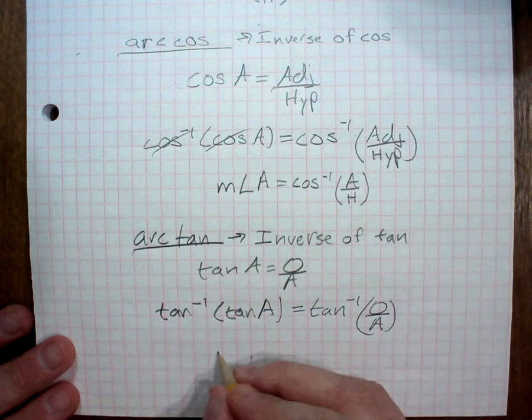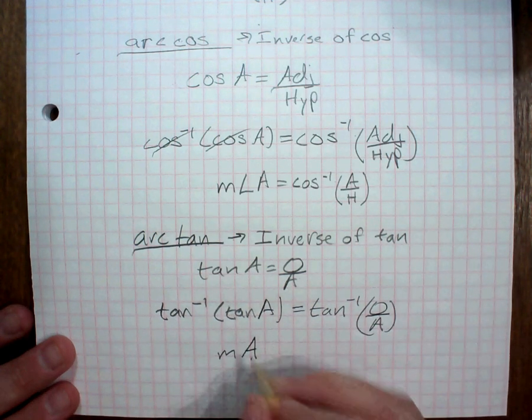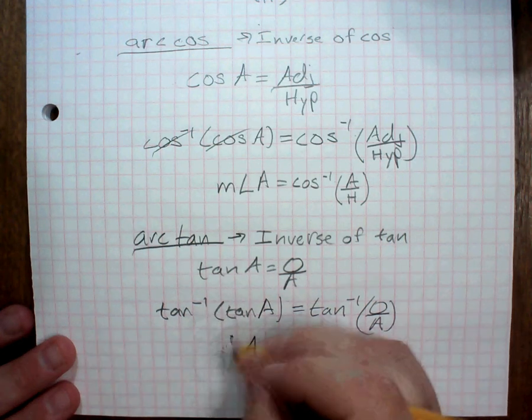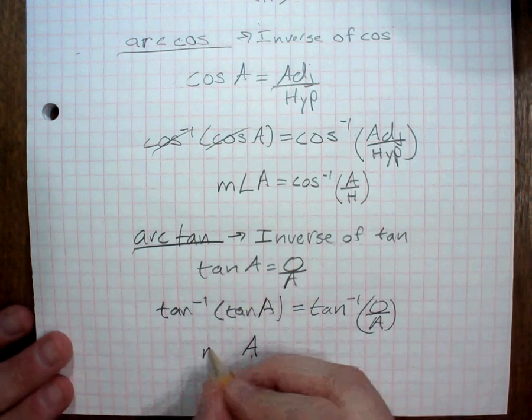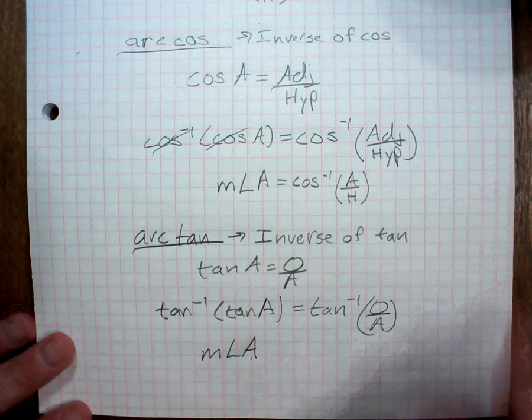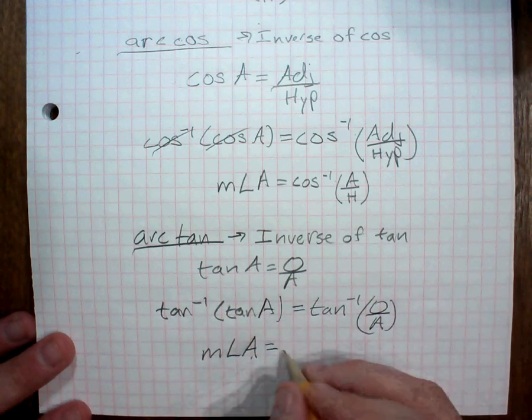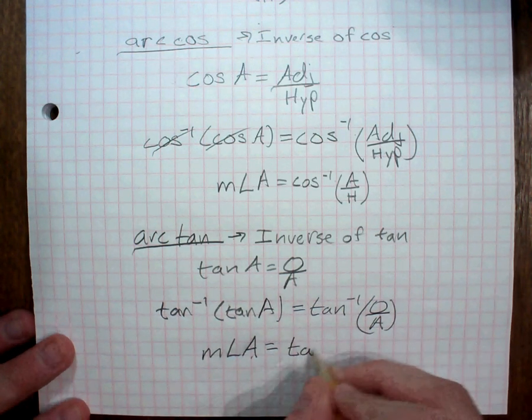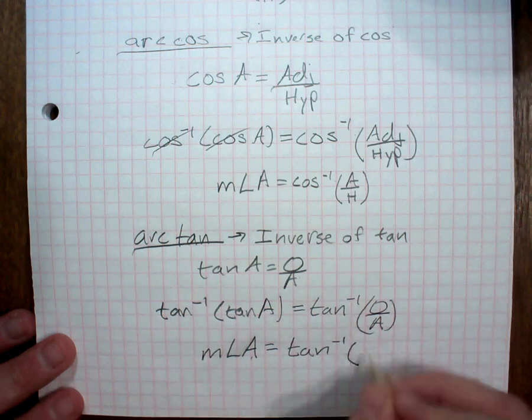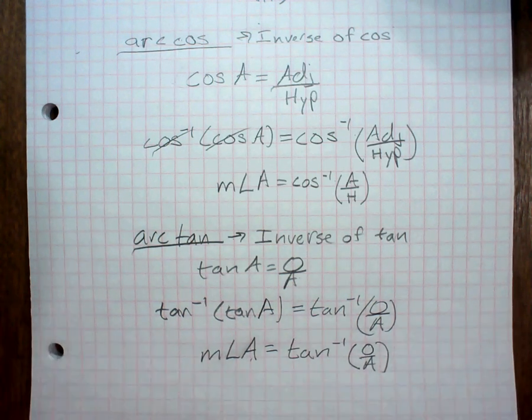That leaves me with the measure of angle A is equal to the inverse of tangent of the opposite over the adjacent. And so that's basically how we're going to do this.